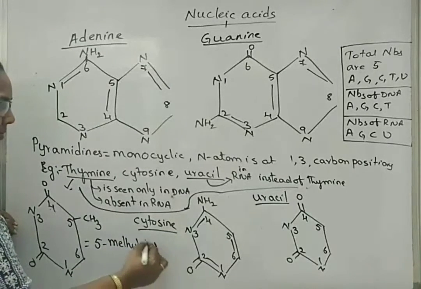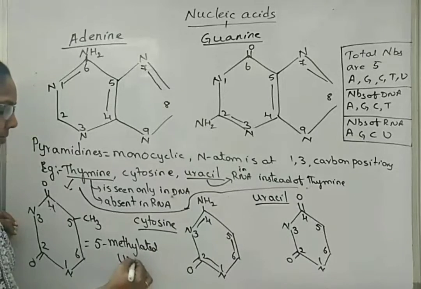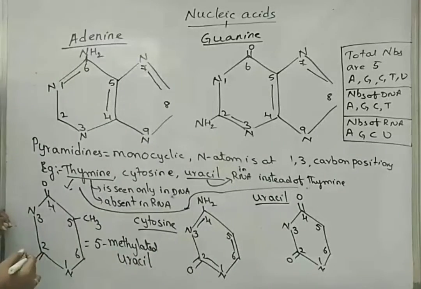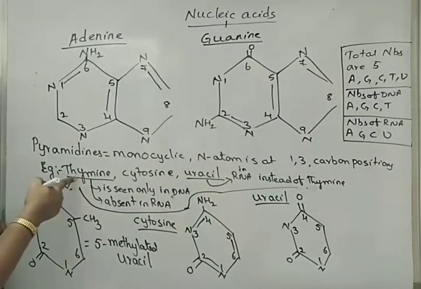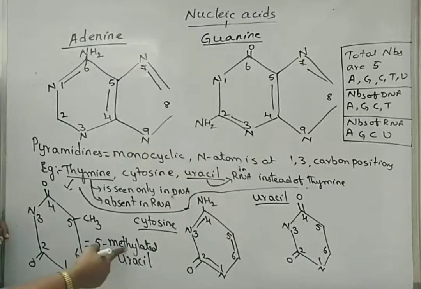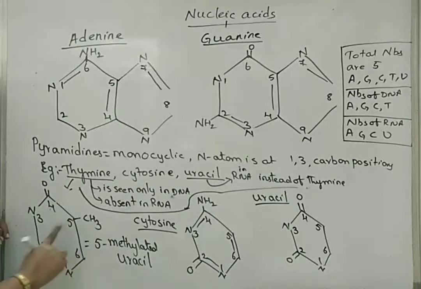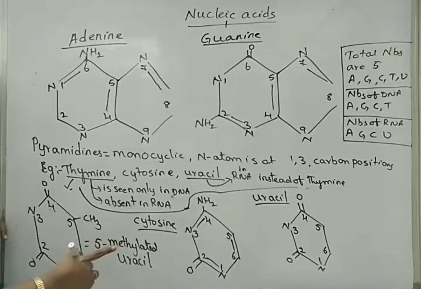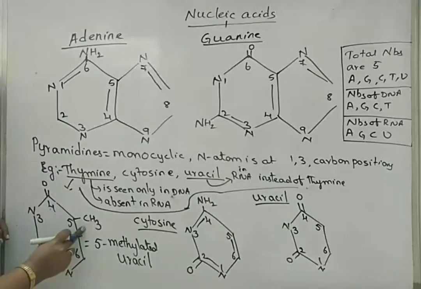We can also say another term for thymine as 5-methylated uracil, because the complete biochemical structure is the same or similar to that of uracil, but thymine is having only one extra methyl group at its fifth carbon position.